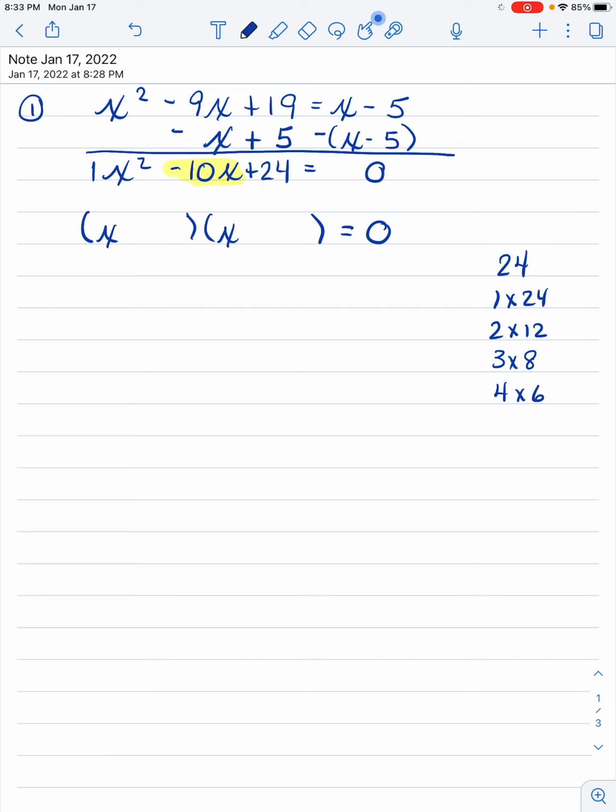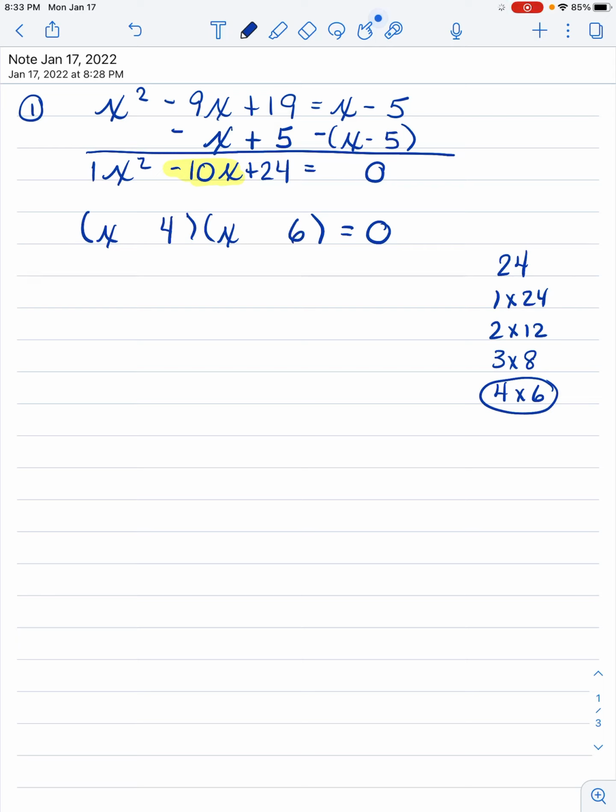So which of these two factors do I multiply together to get 24 and add together to get an absolute value of 10? Well, that would be 4 times 6. So I'm going to put a 4 here, and I'm going to put a 6 here.